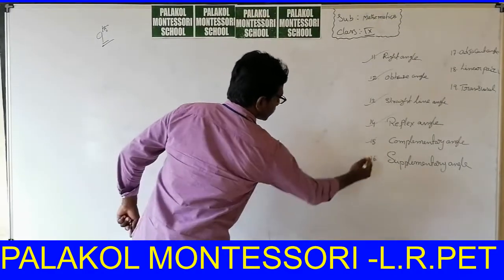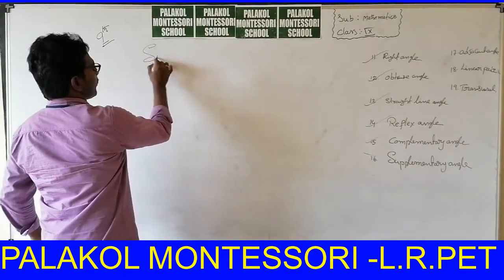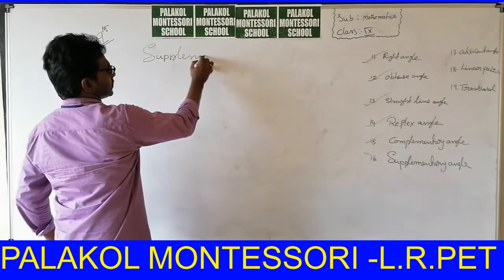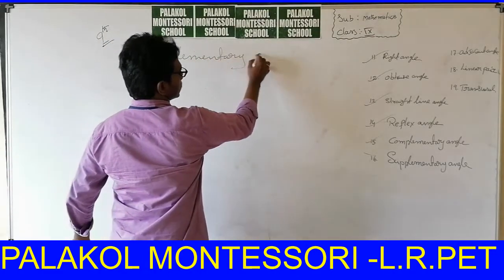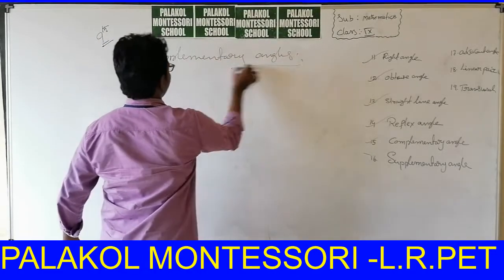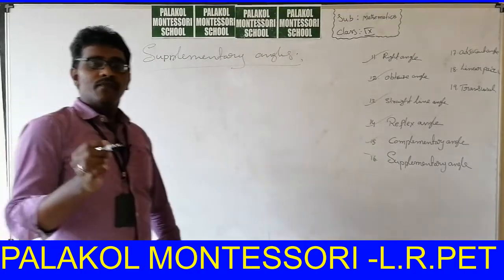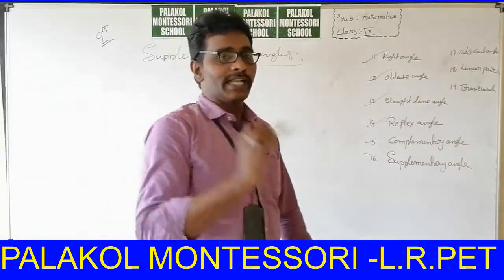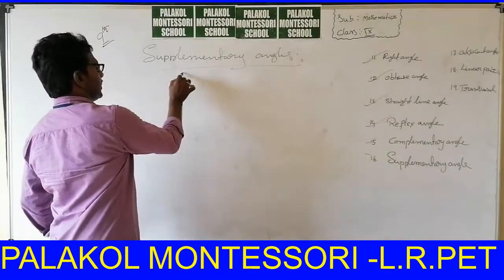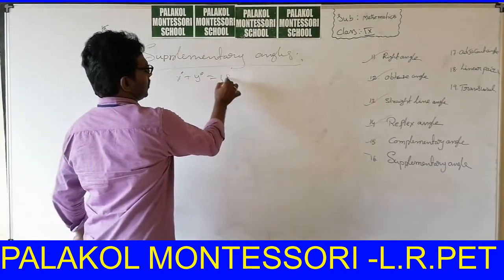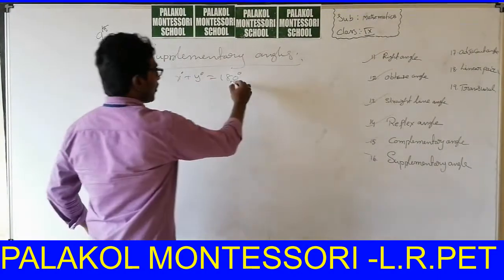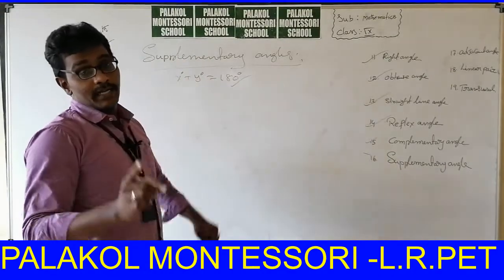supplementary angle. Okay guys, see, if the sum of any two angles is equal to 180 degrees, x degrees plus y degrees equal to 180 degrees, that type of angles are called supplementary angles.